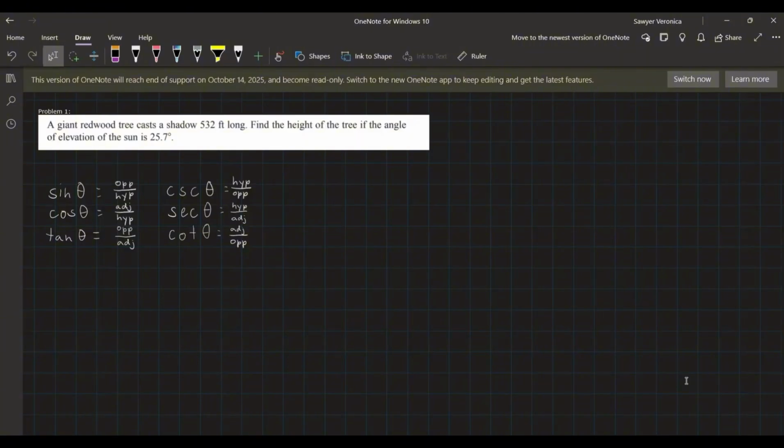A giant redwood tree casts a shadow that is 532 feet long. Let's say this is the tree. And then this is its shadow. Find the height of the tree if the angle of elevation of the sun is 25.7 degrees. So if there's the shadow, the sun would be over here.